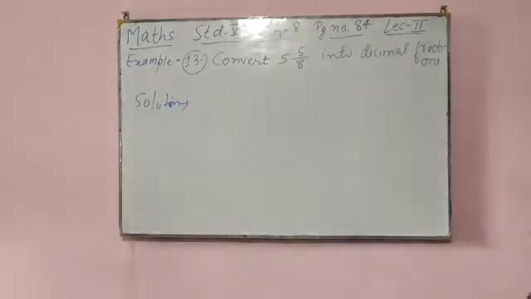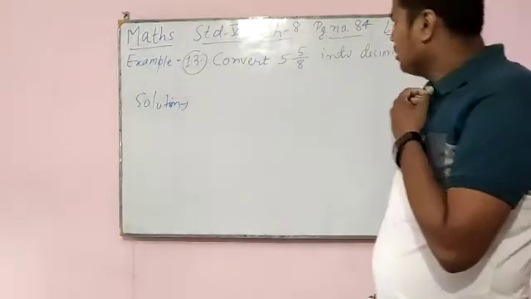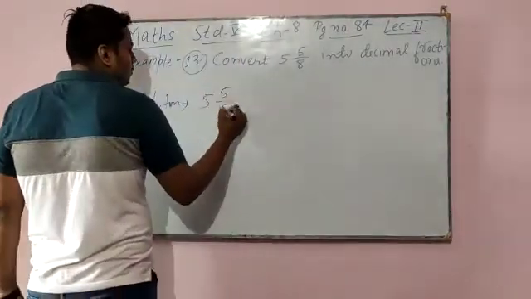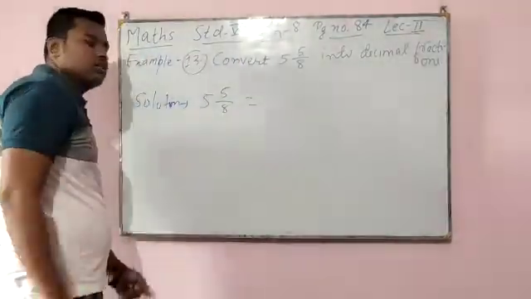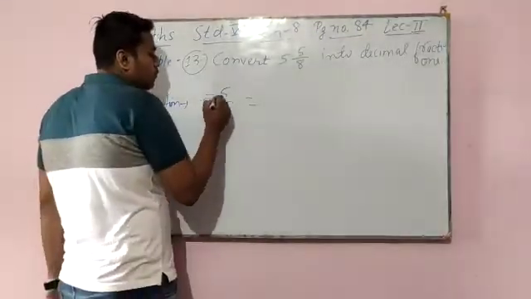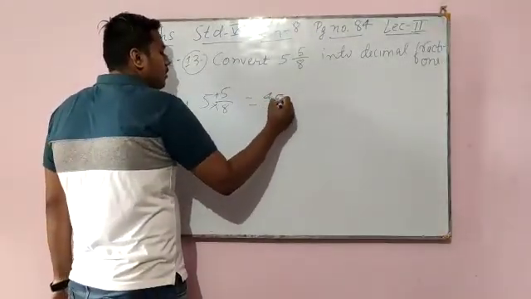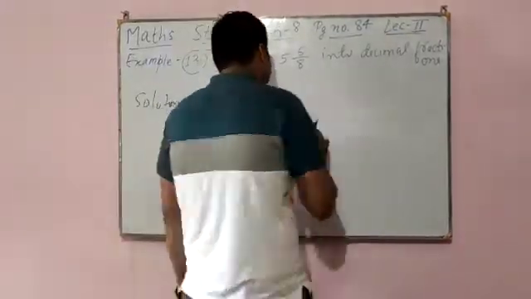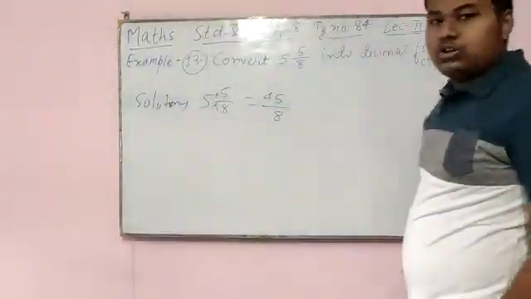Okay, you have to convert 5 5/8. So first change this into proper or improper fraction. In mixed fraction, so see 8 into 5 40, 40 plus 5 45 by 8. Now you have to change 45 by 8 into decimal fraction.